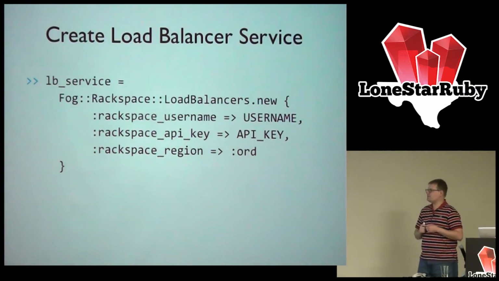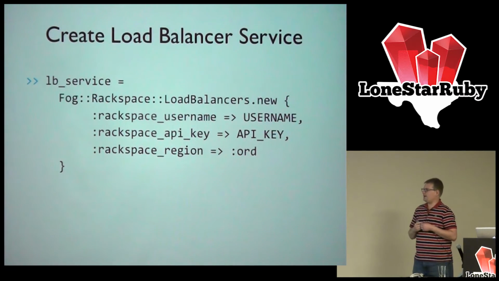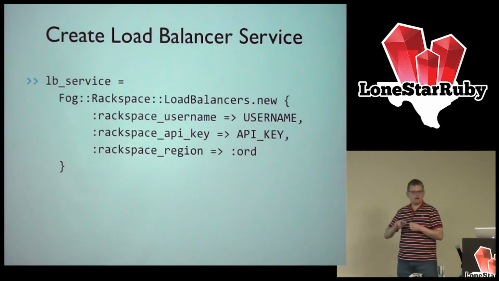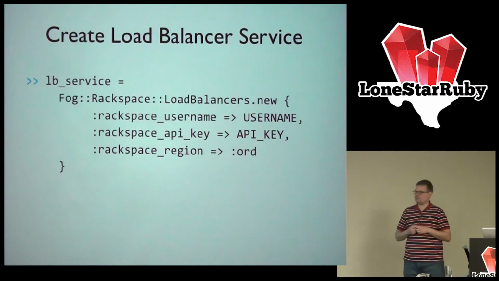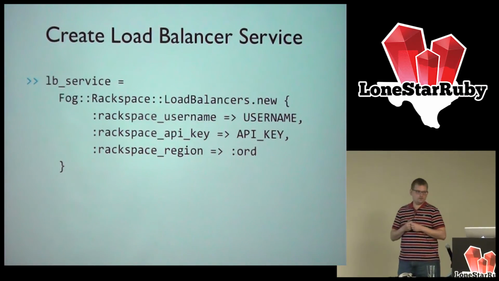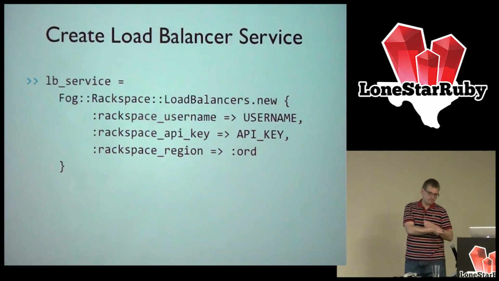You can see here that the syntax is a little bit different than what we used for the compute service. The namespace includes Rackspace, and that's because there is not yet an abstraction for load balancers. Fog typically waits until there are 3 or more different services before it develops an abstraction. And of course, because there is no abstraction, we don't need to supply the provider key value pair.